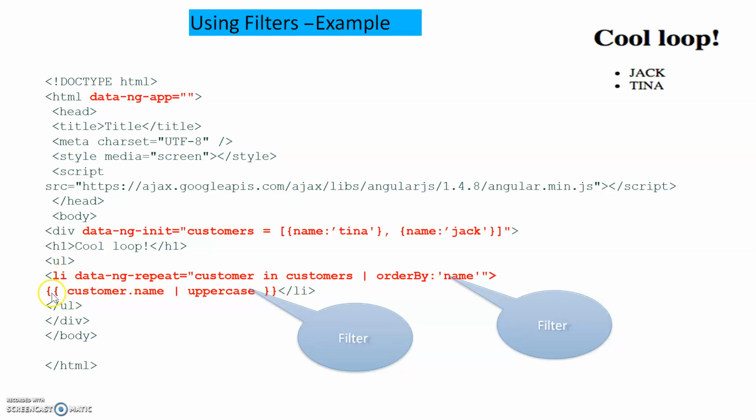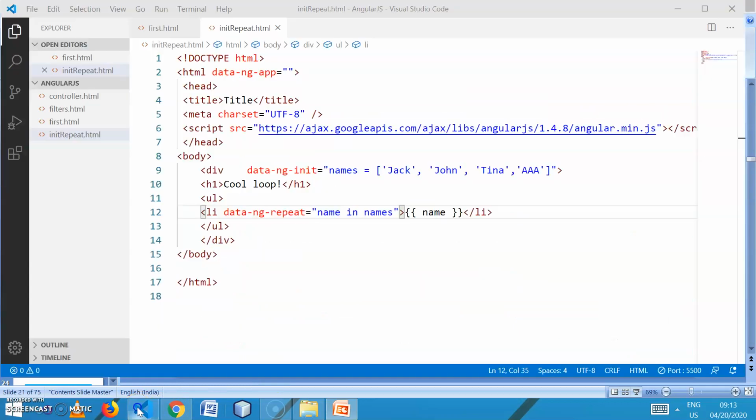As the body of the list you will find the expression customer dot name, so the name of the customer, and one more filter is applied, uppercase. Names are saved in lowercase, but at the time of execution it should show in uppercase. So let's check this program.